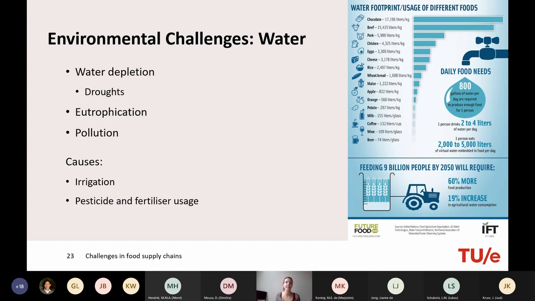Our water is less healthy, and there's pollution of our water as well. And causes for this are a lot of irrigation, for example, that then leads to the depletion of water, and the pesticide and fertilizer usage that then goes into groundwater and pollutes it.